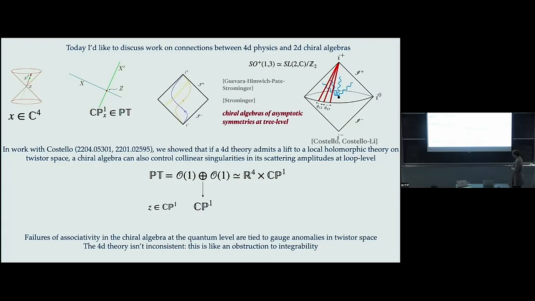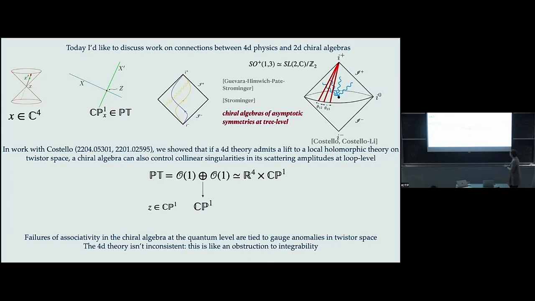And this can be tied, at least in this context, to the existence of gauge anomalies on the twistorial lifts of these four-dimensional theories when they exist. And I want to emphasize that the four-dimensional theory we're talking about is not inconsistent, even though its lift to twistor space is. The six-dimensional theory is inconsistent if you don't get rid of that gauge anomaly.